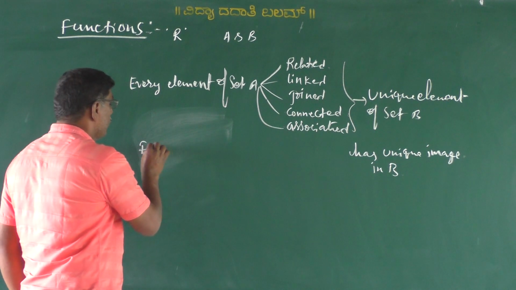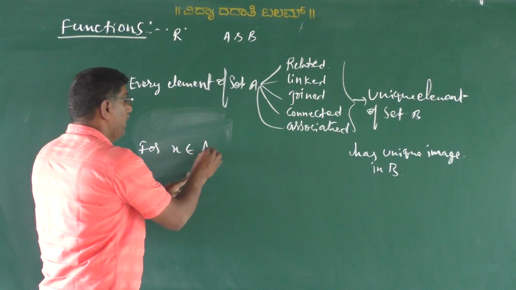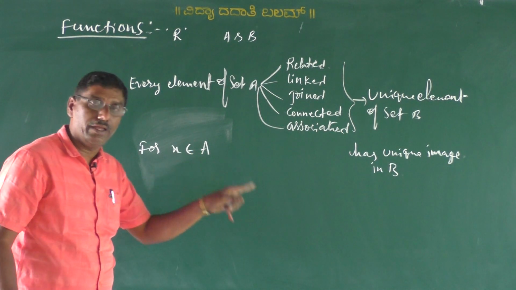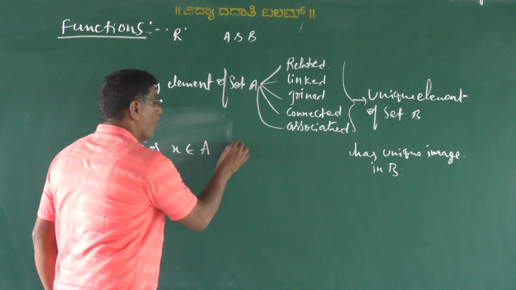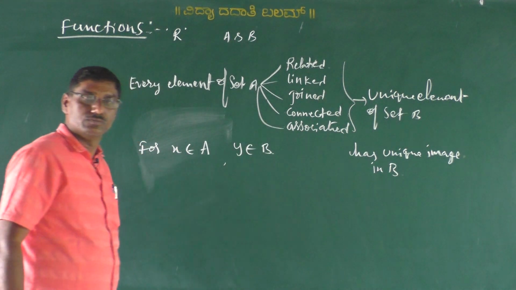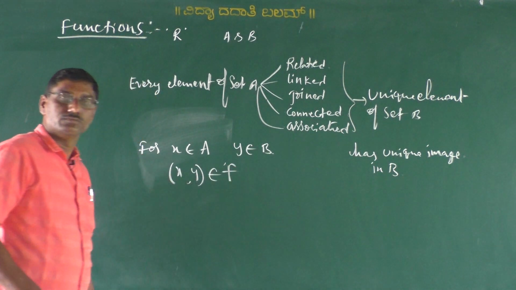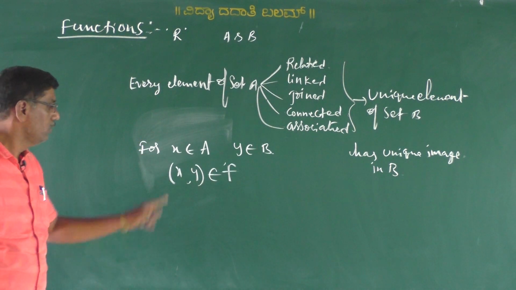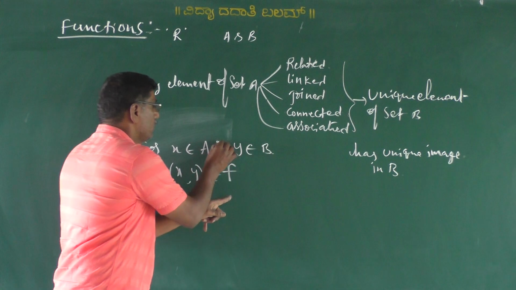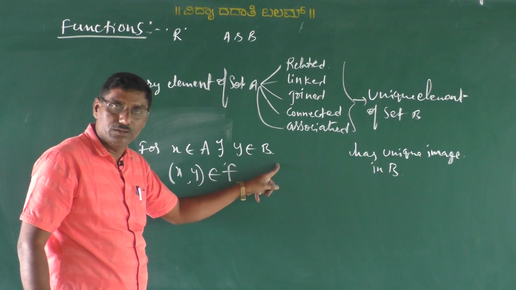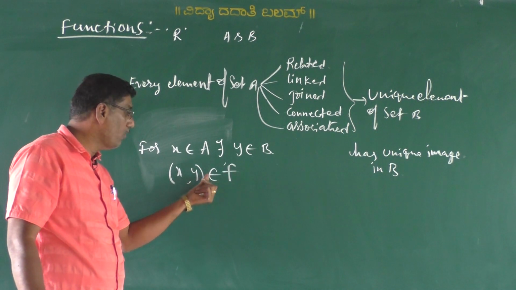For x belongs to set A, there exists y belongs to set B. That means the ordered pair (x, y) belongs to f. Are you understood?